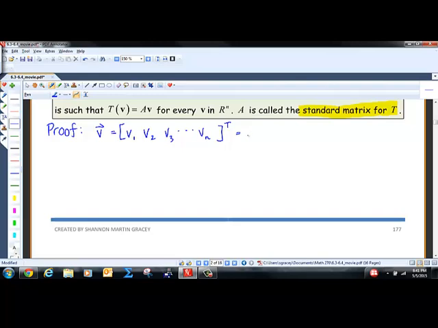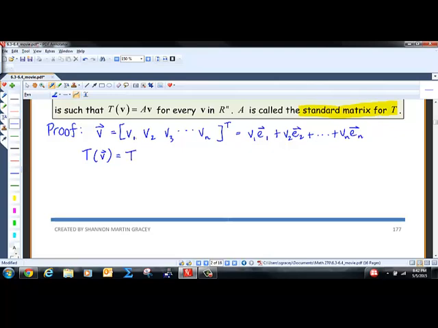Great, it's going to be a linear combination of the standard basis. So V1 times E1 plus V2 times E2 plus ... all the way down to Vn times En. So if I consider the linear transformation of V, I'm basically looking at that linear transformation.